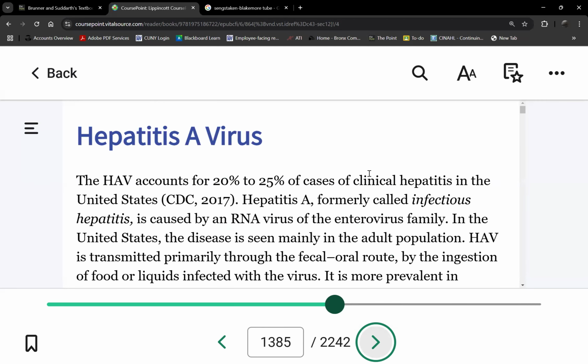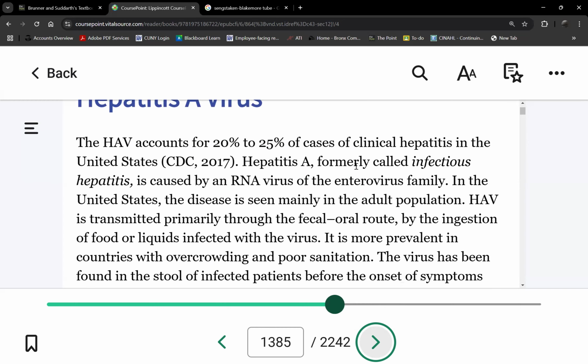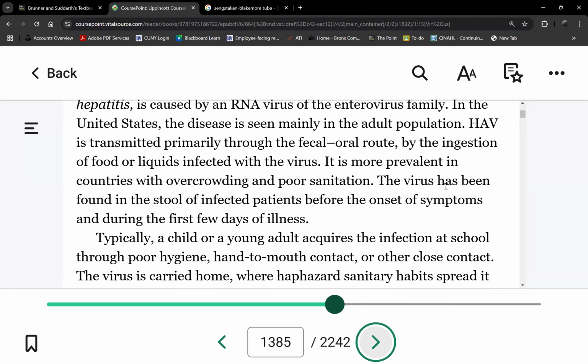Hepatitis A. So this is oral fecal, since this is called infectious hepatitis. So fecal oral route. So ingesting contaminated food and water. However, do not be too narrow with your concept, because it's anything basically you put into your mouth, correct?